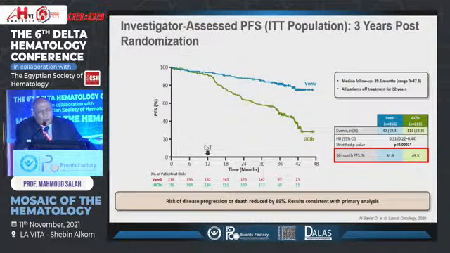The progression-free survival by investigator assessment showed that the group of patients receiving venetoclax and emtricitabine have the progression-free survival around 81 months, comparing with the 49 months for the patient receiving Gazyva and chlorambucil.